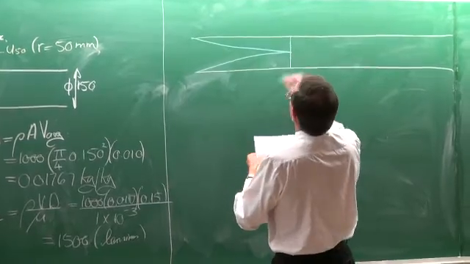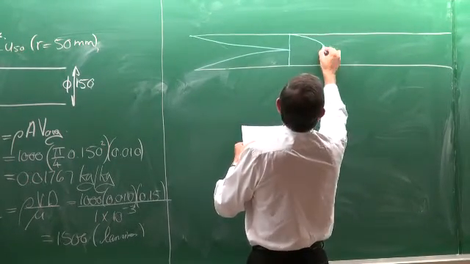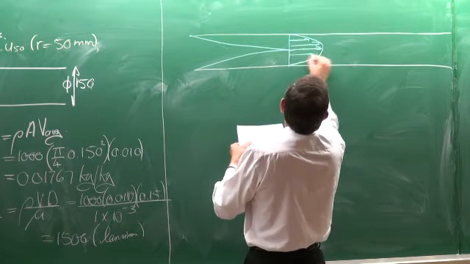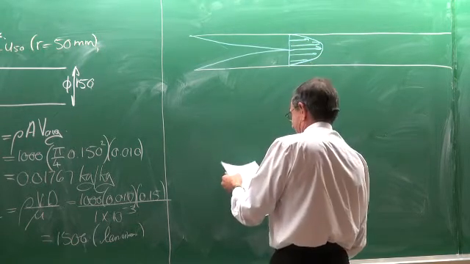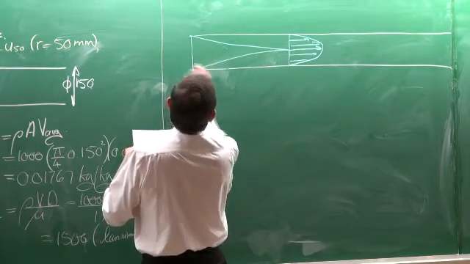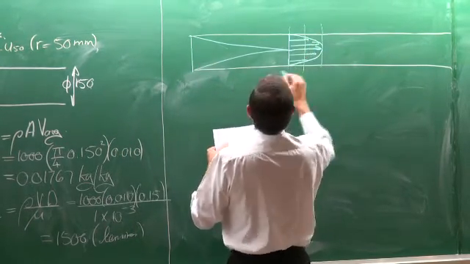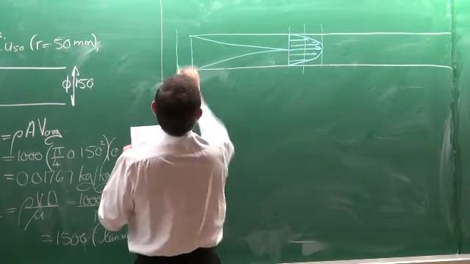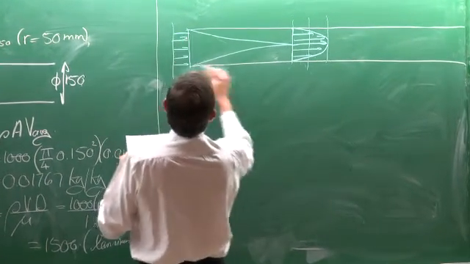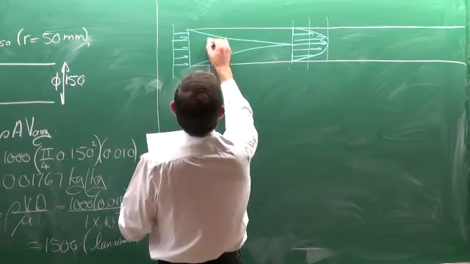I'm going to draw it in blue like this. There it is. So that should be about two distances like that. So about that distance there. So there is the inlet velocity. And that is the boundary layer thickness delta.